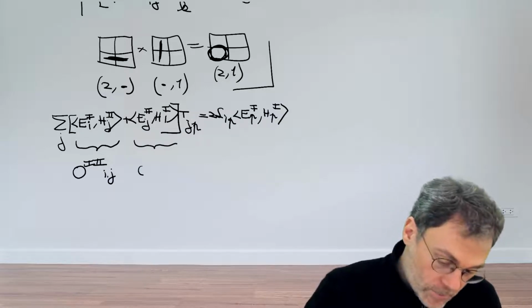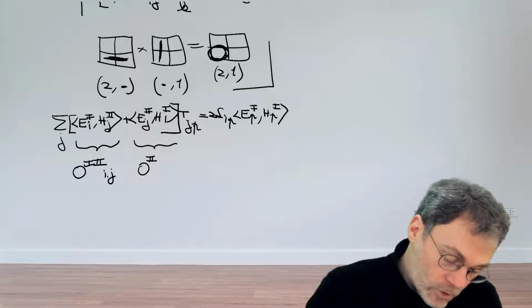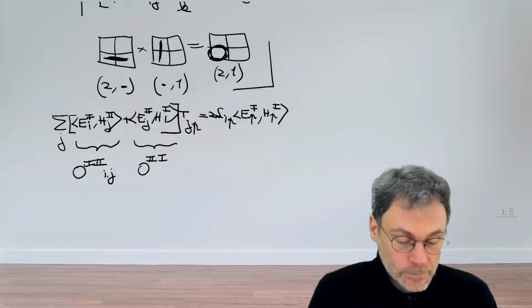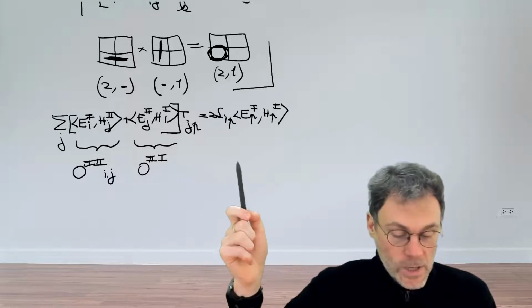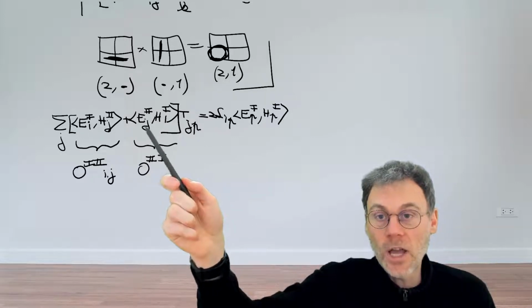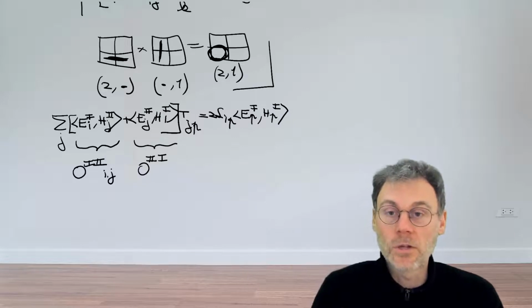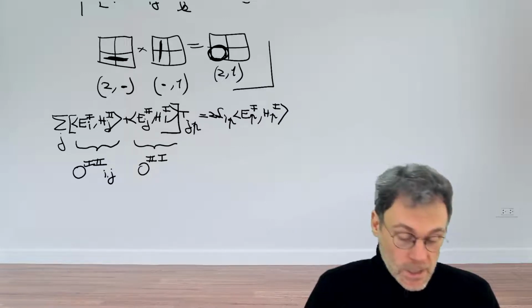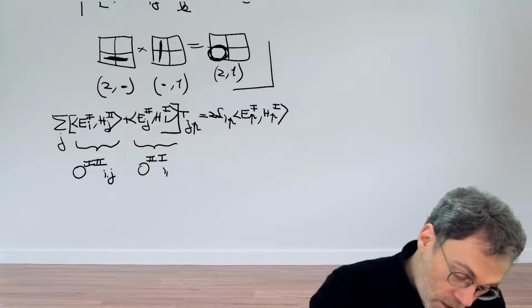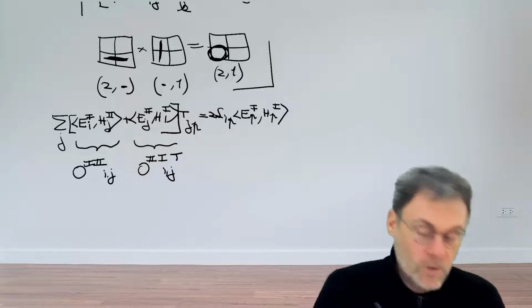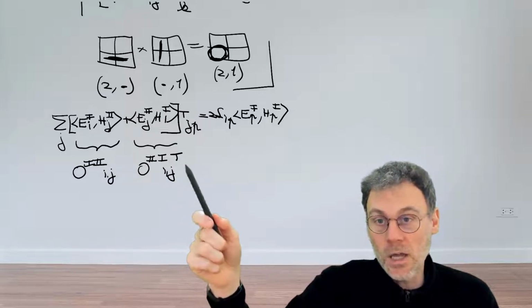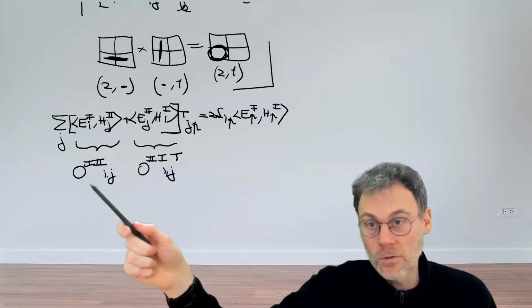Well, this will be an element this time of the overlap from 2 to 1, because the electric field is in medium 2. Which element? Well, if you look at it, we have the jith element of that matrix. But the jith element of a certain matrix is the ijth element of the transpose of that matrix. And I'm writing it like this because then this ij here will feel right at home next to this ij over here.